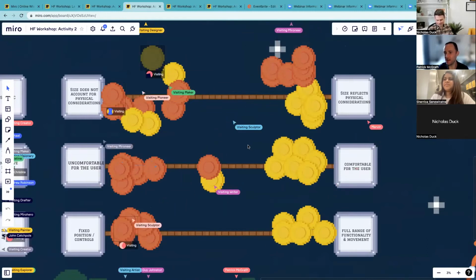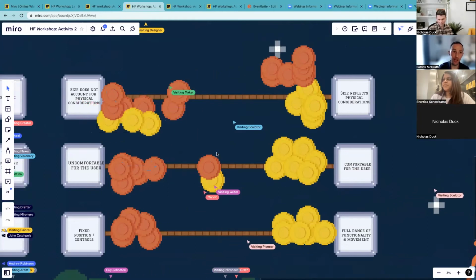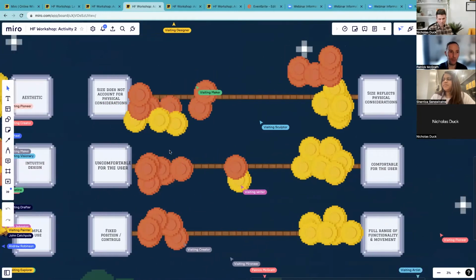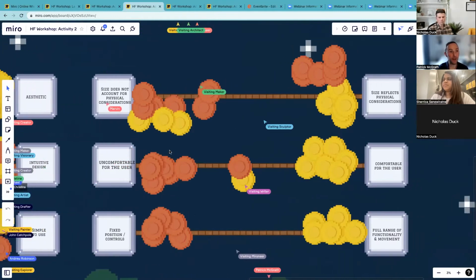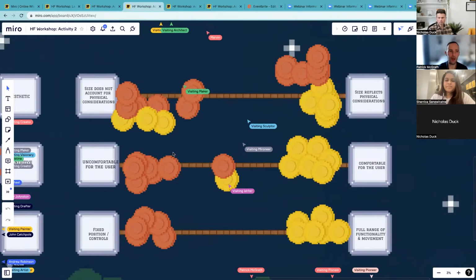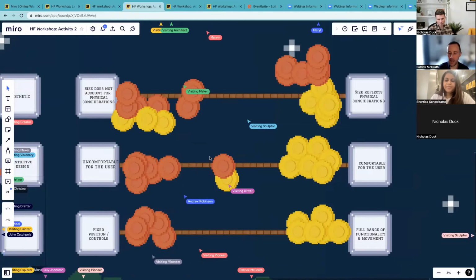And then lastly, whether they accommodate a range of functionality and movement, or are more fixed in the position of interactive elements. Certainly, to my mind, this is something that has advanced quite considerably, where different hand sizes and adaptive requirements have been incorporated into the design of these controllers.